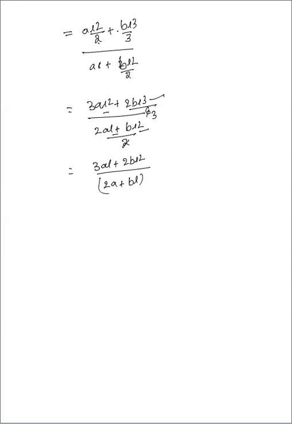The L by L I took outside will get cancelled, and here 3 remains, so that 3 I am writing here. This is the answer for this question: 3AL plus 2BL square divided by 3 into 2A plus BL, which we got here.